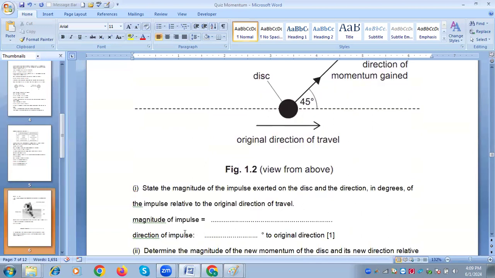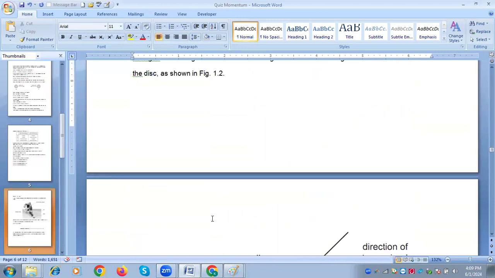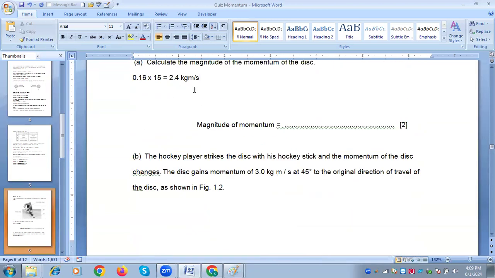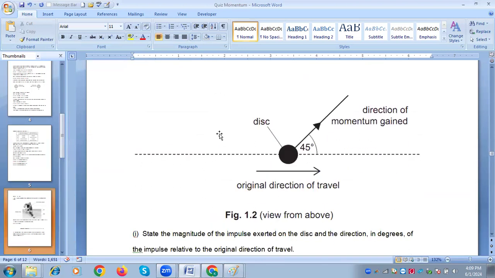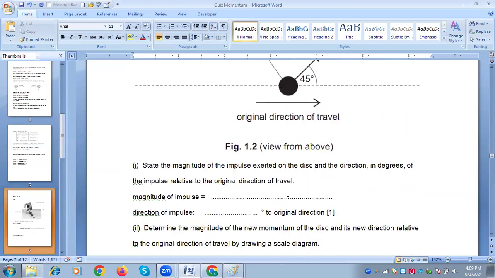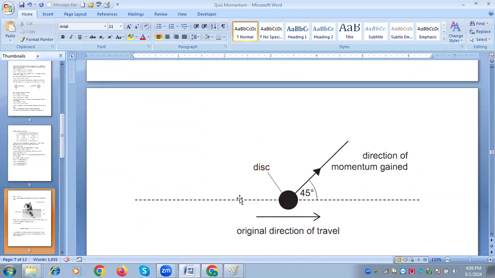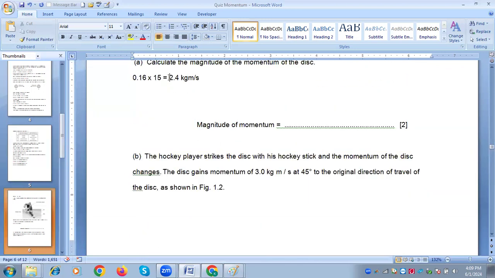So here the magnitude of impulse will be what? It's already worked out, 2.4 kg meter per second, and the direction is 45 degrees to the original direction. This answer is already there.